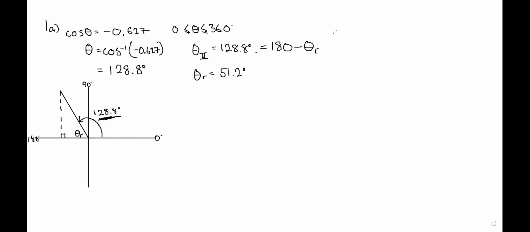So this angle on the bottom, let me just highlight this so that you know where I'm talking about. This angle right here is 51.2 degrees. I'm going to take that and apply it to all four quadrants. But actually, you don't have to do all four. I know exactly which quadrant I have to go to, but you might not. Here's a clue. Cosine is supposed to be a negative value.